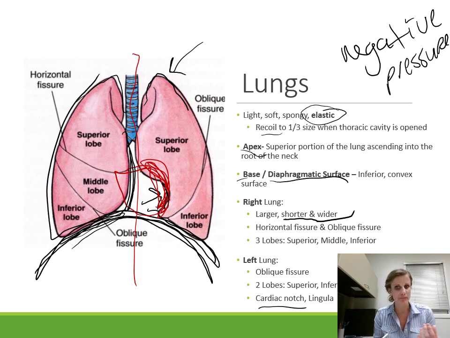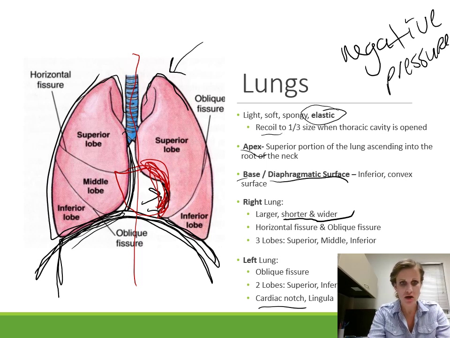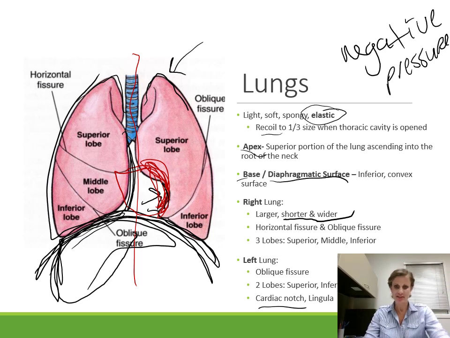It's shorter. The reason that the right lung is shorter has to do with the placement and size of the liver. Okay, so remember the liver is right here, right below the diaphragm. And if you remember back to AMP1, think about the lobes of the liver, right? The liver has 4 lobes: the right, left, caudate, and quadrate.